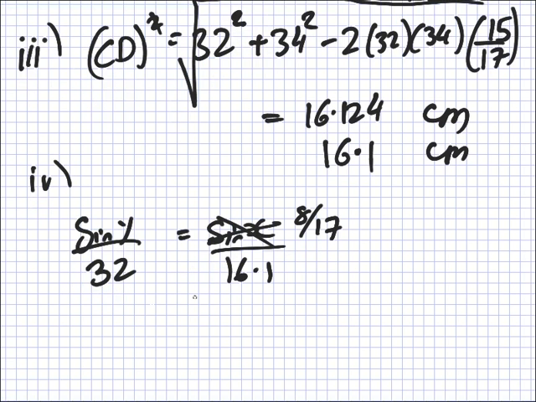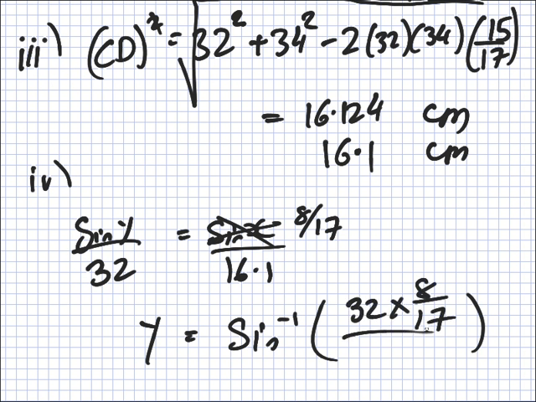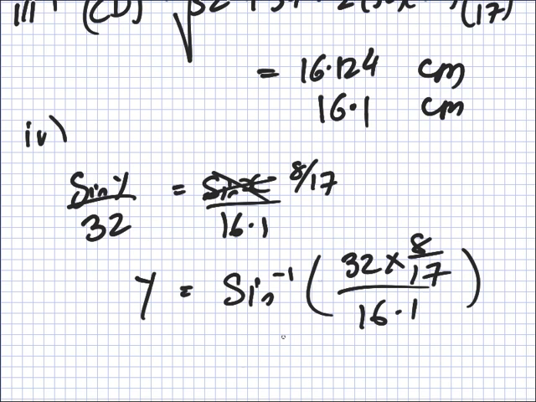So y will be sine inverse of 32 times 8 over 17 over 16.1. It is 76.97958. So that would be 77. And then that's one.